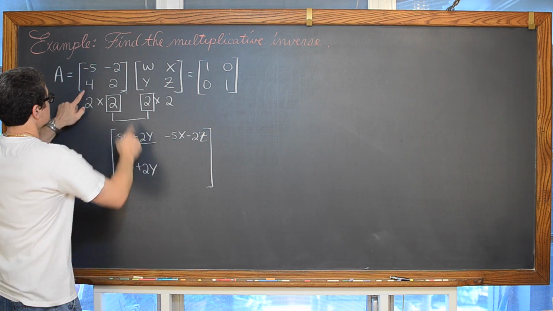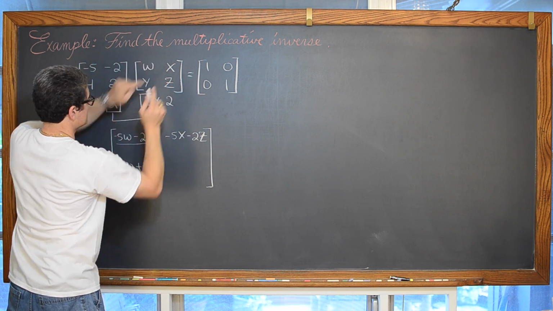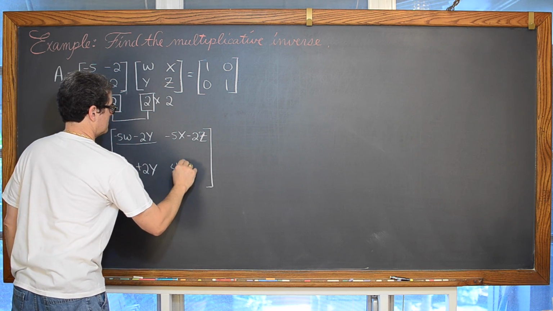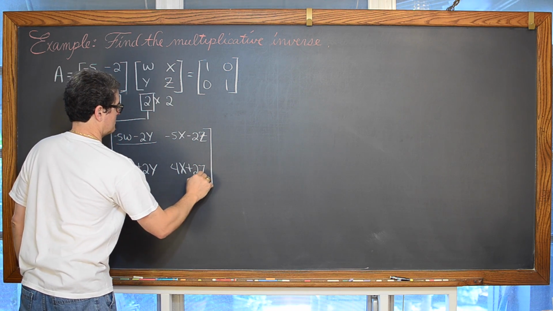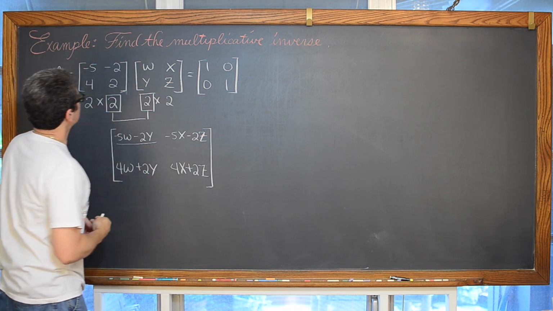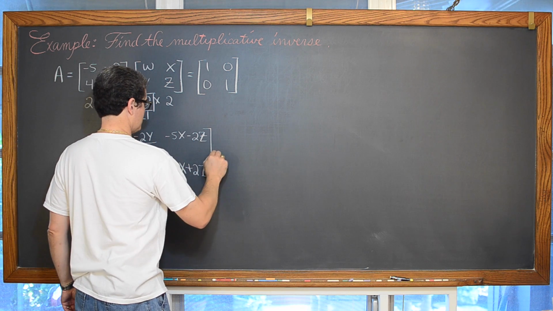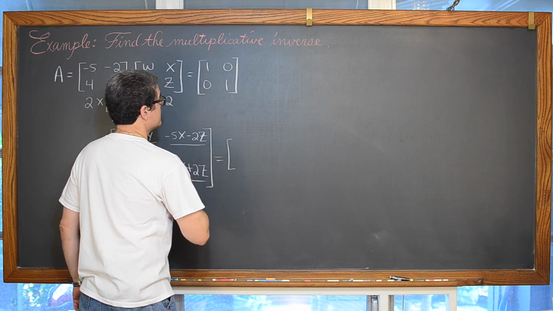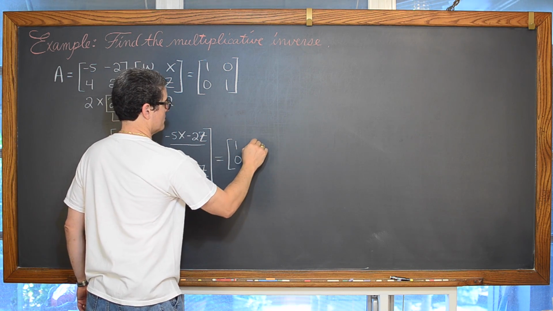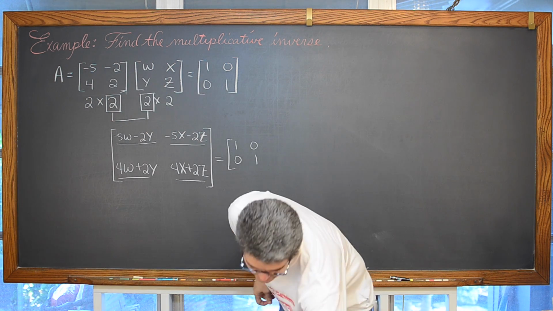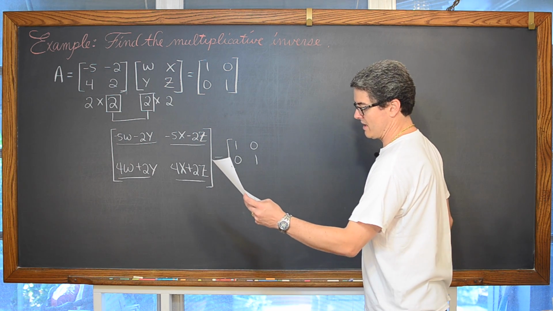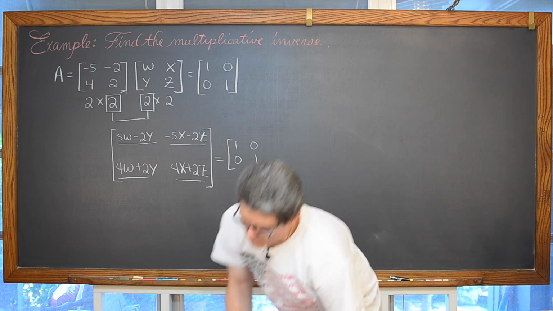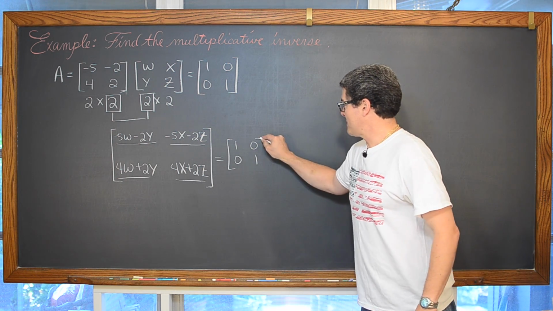And now the second row, second column: 4x and 2z. Now that is going to need to be equal to the identity matrix of 1, 0, 0, 1. Let me just make sure I haven't made a mistake, because I'd hate to work all this out and realize I've made one. Okay, I have not, except I forgot my square bracket.